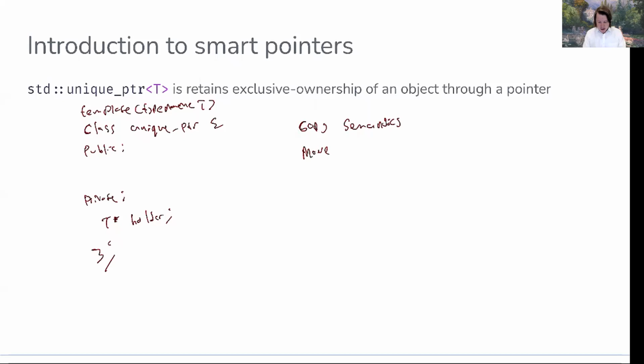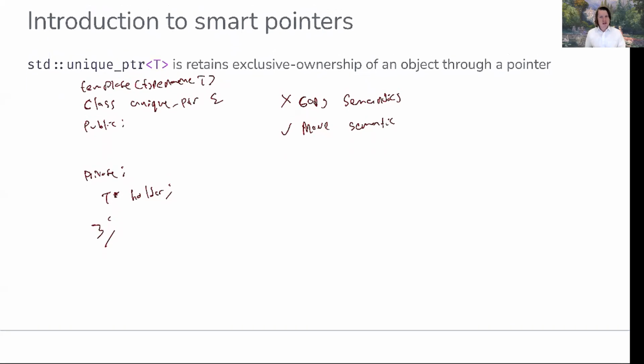So it is totally okay to transfer ownership. However, there will not be any sort of copy semantics that will allow you to introduce some way that is going to violate this idea of exclusive ownership.